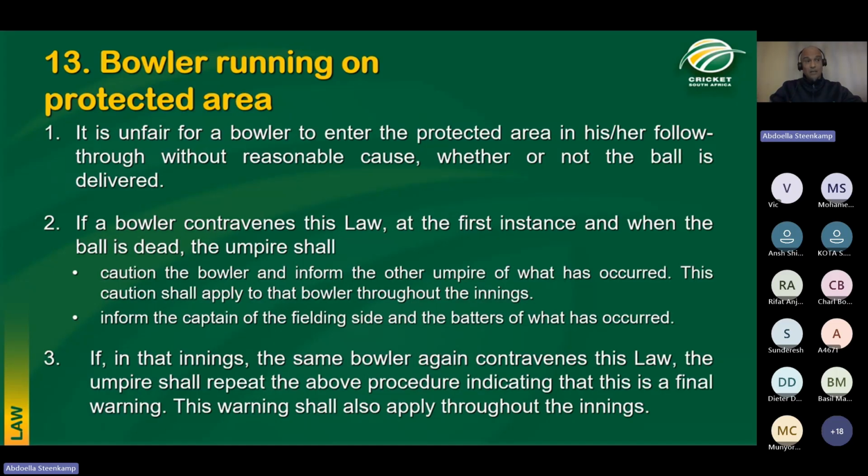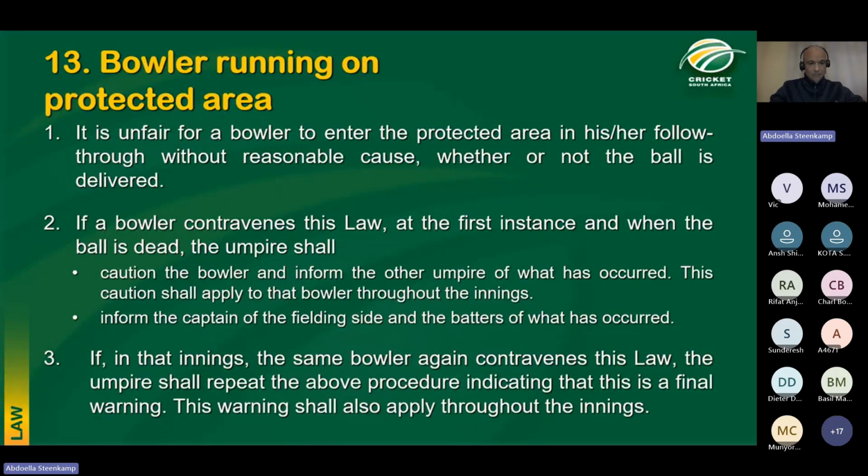Even if the bowler is bowling from your colleague's end late in the innings and goes in there, you will then give the bowler a final warning. And this final warning applies throughout the innings.